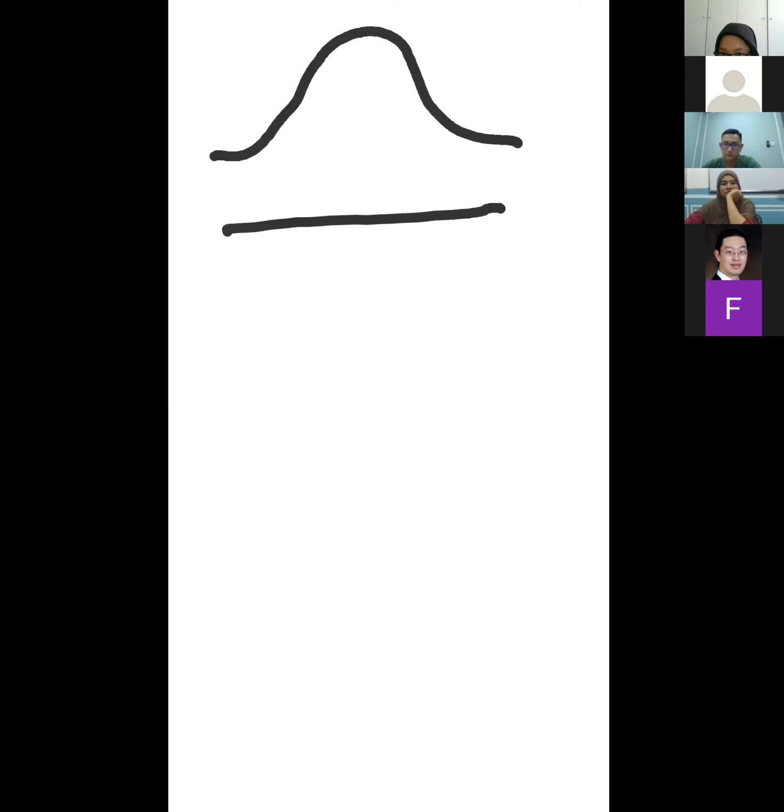So this is the normal curve, and here the middle part will be the mu.